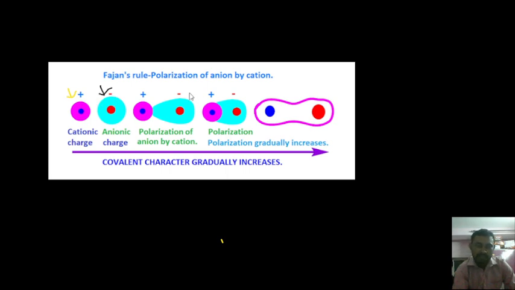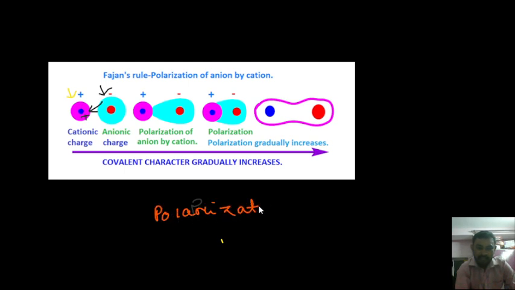So the positive charge of the cation pulls the electron density of the anion towards the cation. This phenomenon is called polarization.